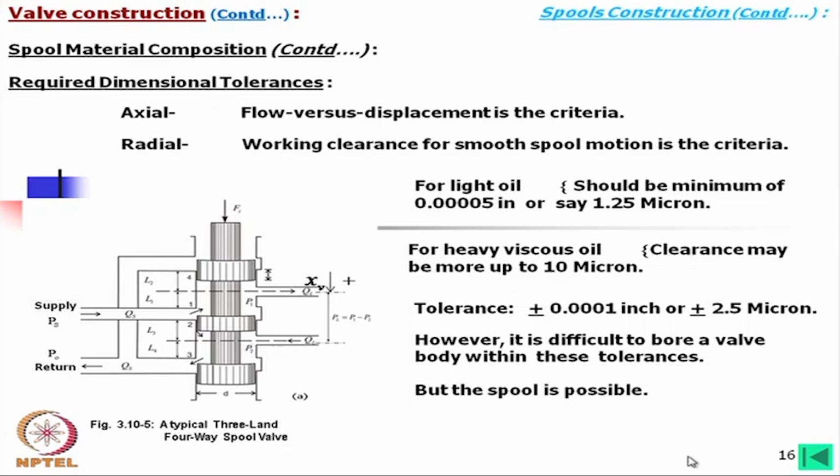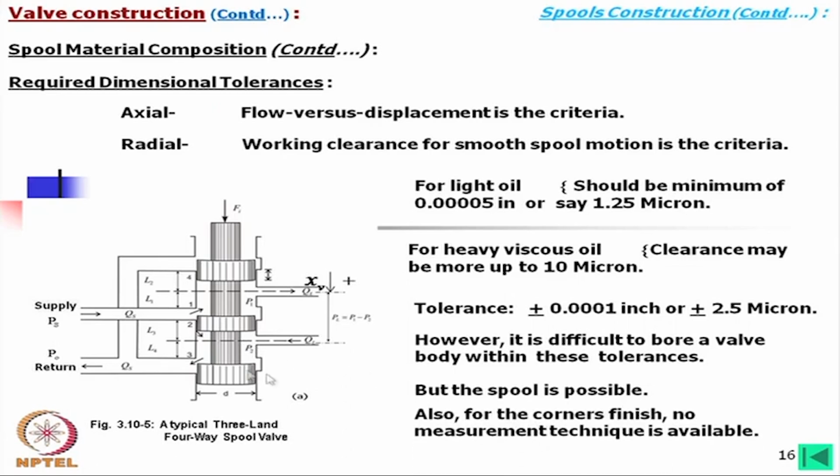But there is another problem, which is the corner finish. In case of spool we can control somewhat, but in case of internal, it is very difficult to control these corners. Now, sharp corners are better from the performance point of view, but sharp corners may create breakage of the corners, and then by that jamming the spool inside.